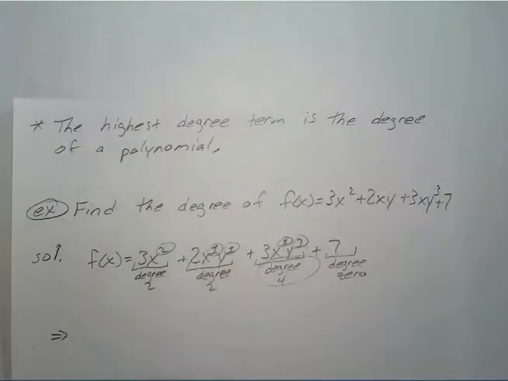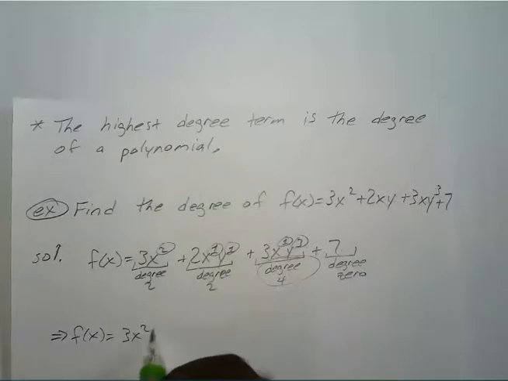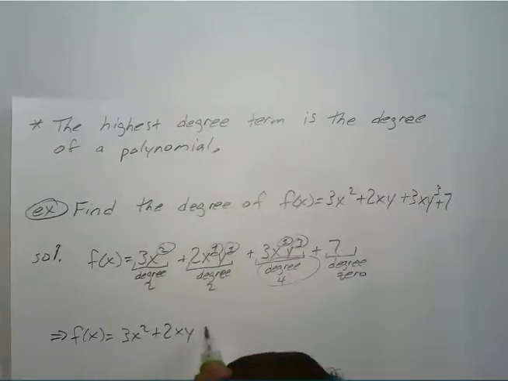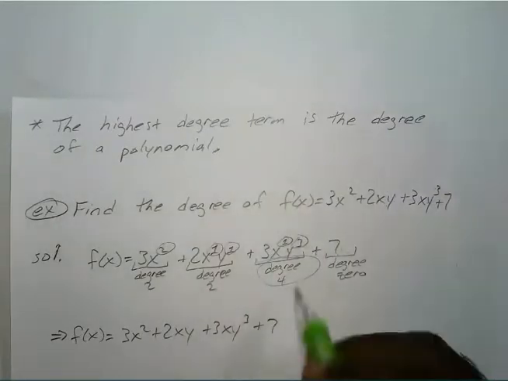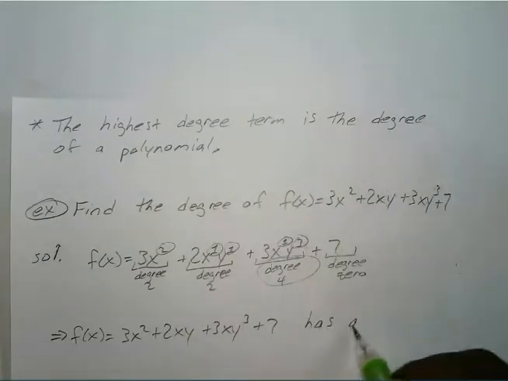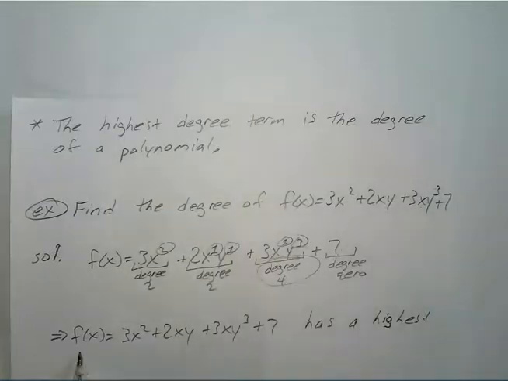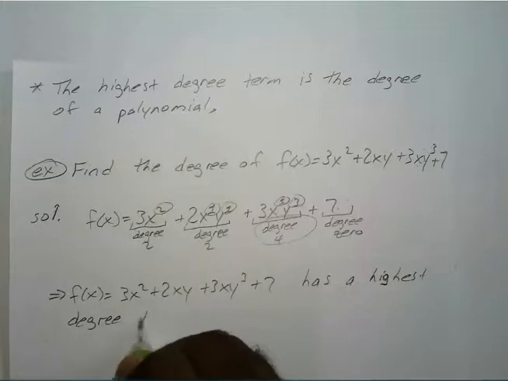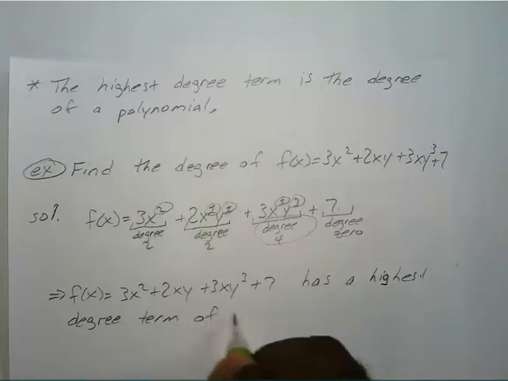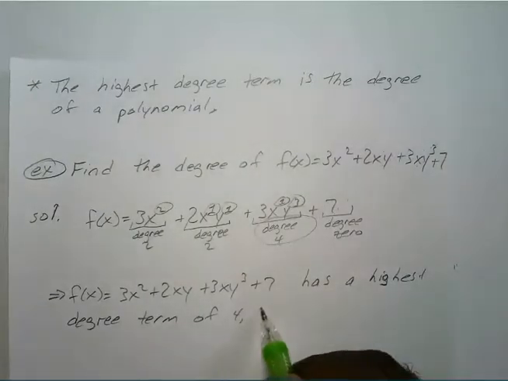In other words, f of x equals 3x squared plus 2xy plus 3xy to the third plus 7 has a highest degree term of 4.